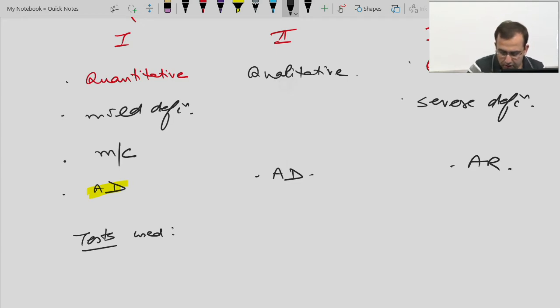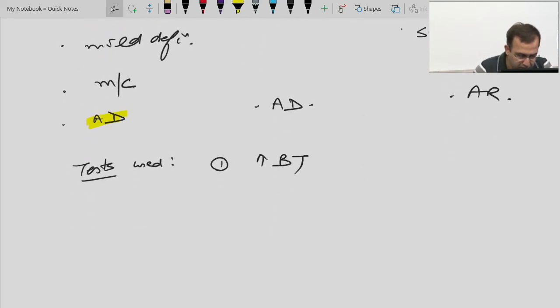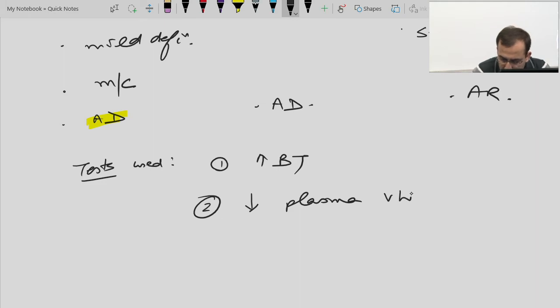First, it is associated with increased bleeding time. This was what was asked. Next, it is associated with reduced plasma von Willebrand factor concentrations.